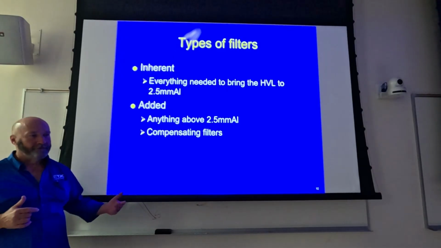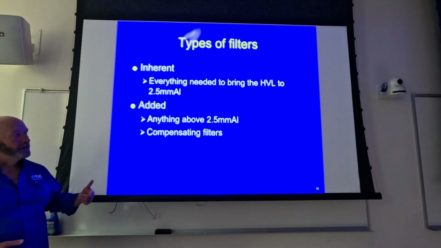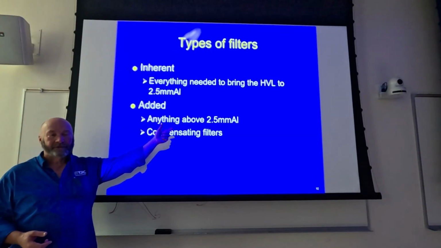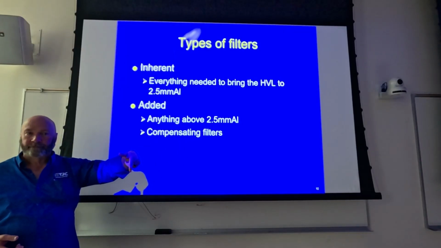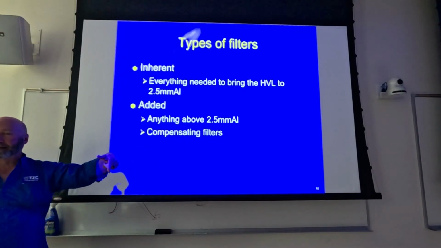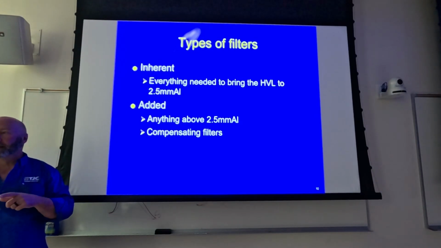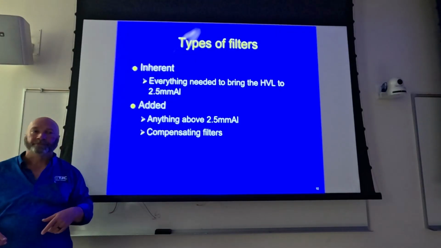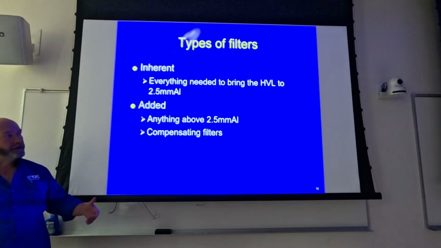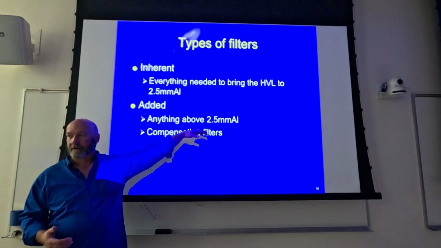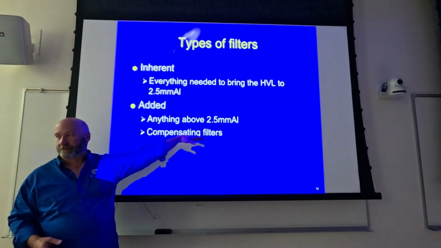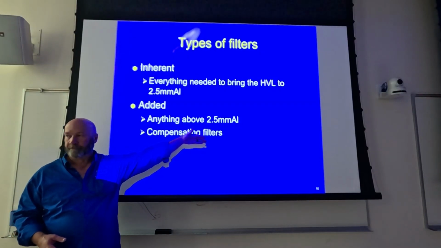One thing you're going to have a tendency to want to flip around is additive filtration in context of tanning. So tanning is added filtration, but you can't remove it from the X-ray tube. So it's added inherent filtration, right? So lock that into inherent filtration. Inherent filtration does not remain the same over the life of the X-ray tube because of tanning. So your brand new X-ray tube is going to have 2.5 millimeters of inherent filtration. A tube that's 10 years old may have 3.5 millimeters of aluminum equivalent.